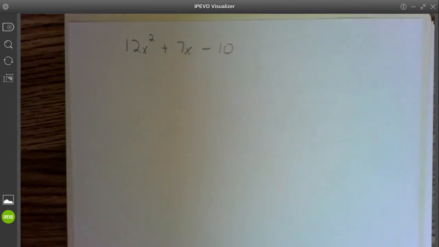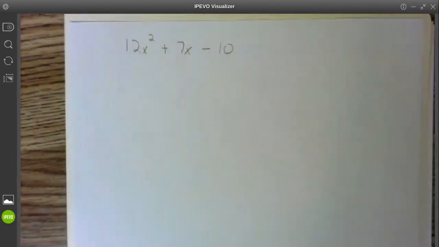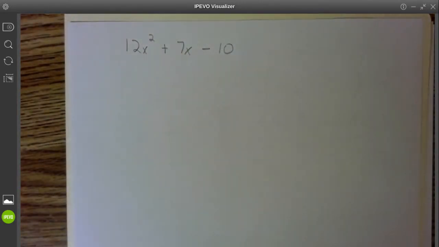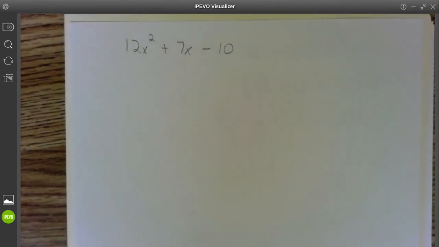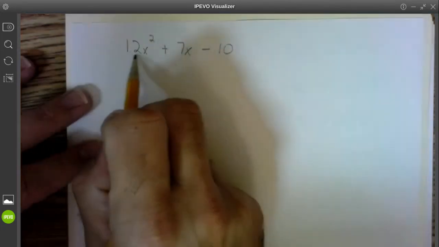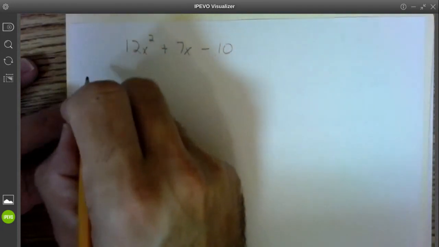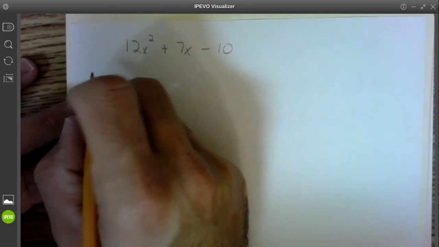All right. This one is going to have plenty of options. So there's no GCF to dumb it down and get smaller numbers. Unfortunately, the problem here is that 12x squared has a lot of possible factors.